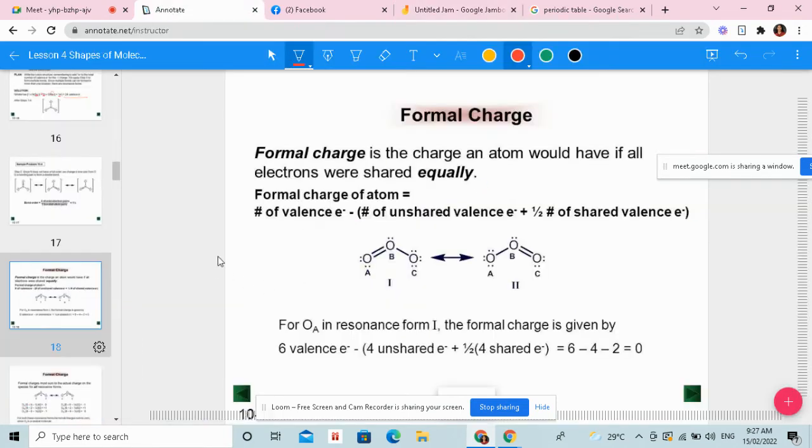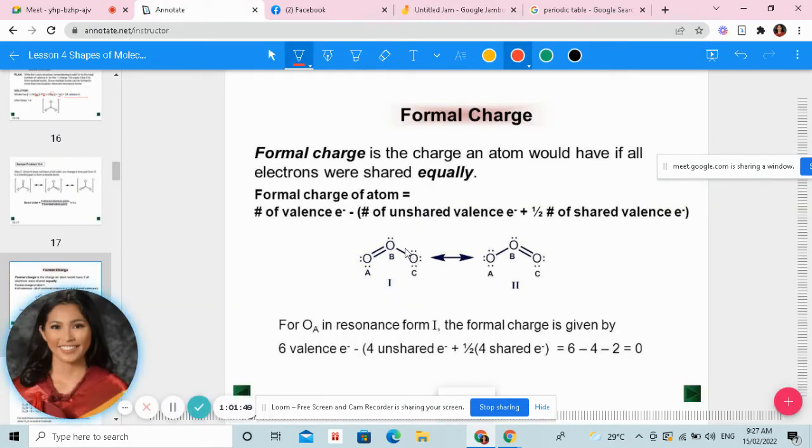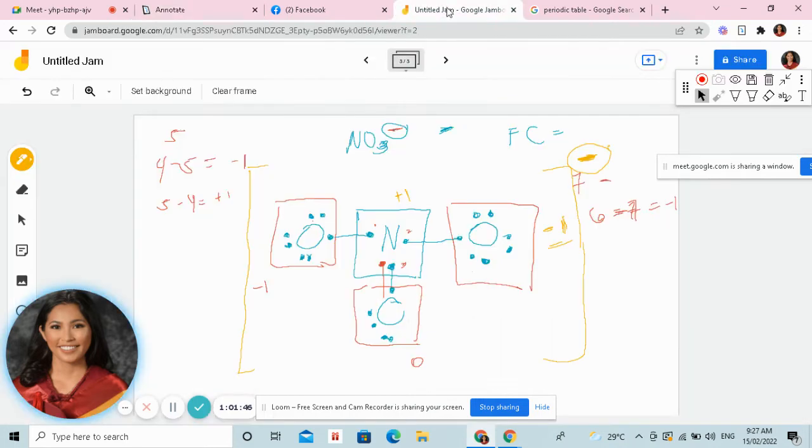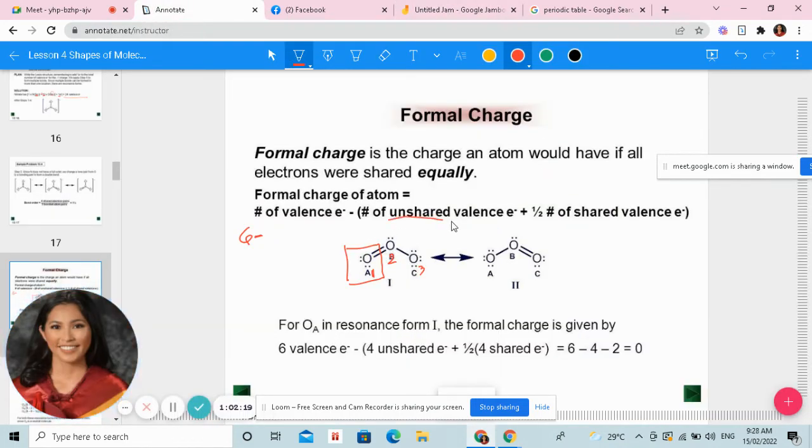Now let's go to O3. What's the formal charge of O3? We have oxygen 1, oxygen 2, and oxygen 3. What is the formal charge of oxygen 1? How many valence electrons? 6 minus, before we do our trick here, we will follow this formula: 6 valence electrons minus unshared valence electrons.